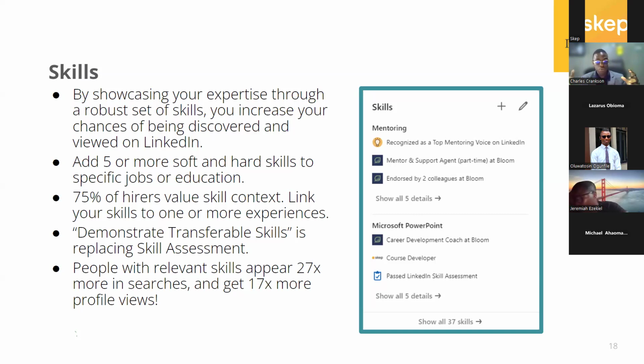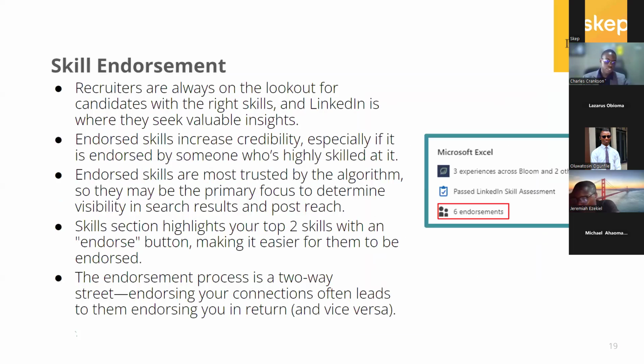Some of you may not have skills there. Please put skills there. Skill endorsement: tell friends, hey, endorse my skills. Typically, make sure the person really knows you. If the person is not a connection, they cannot endorse you. And if the person is also an expert in that skill, when they endorse you, it's valued more by LinkedIn.